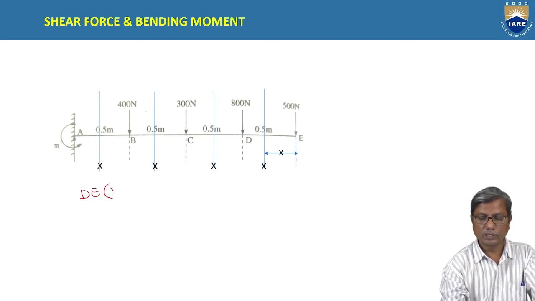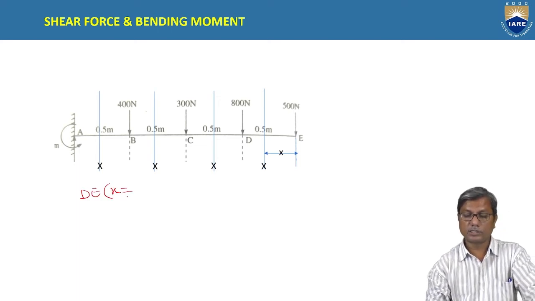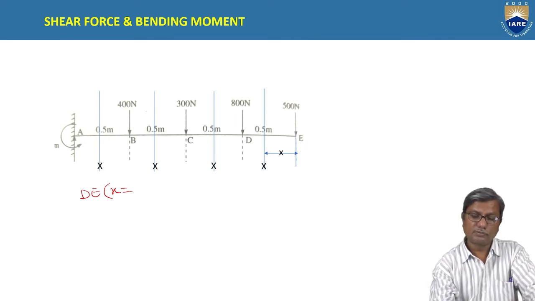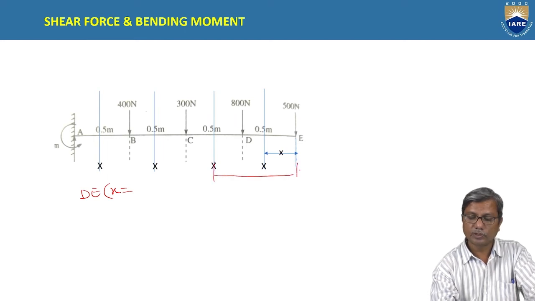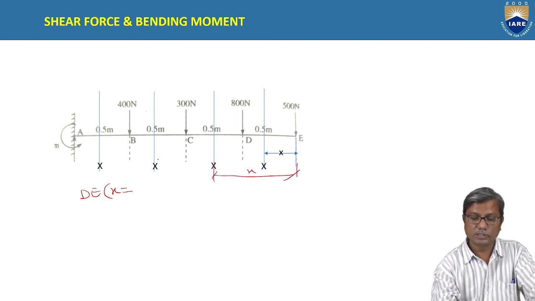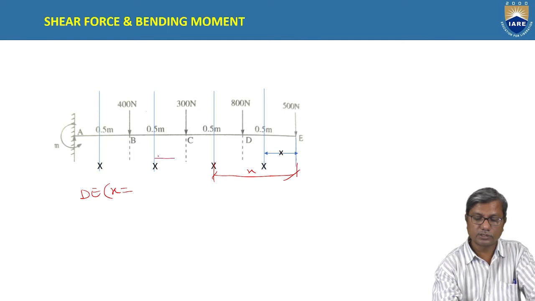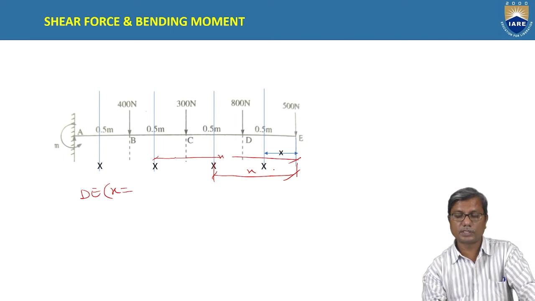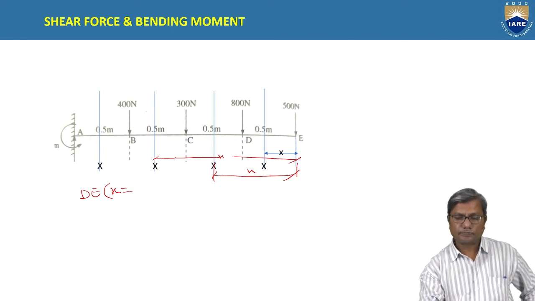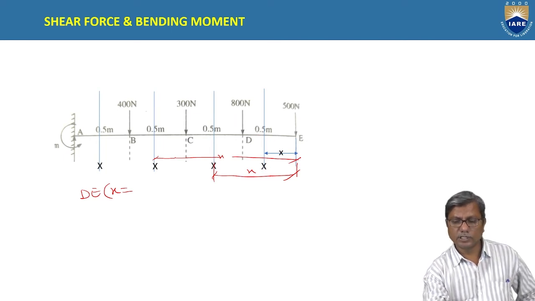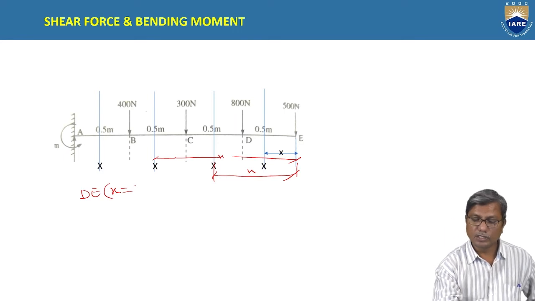For portion DE, the section we are considering is at a distance x from E. And for all the remaining sections also, we will take the origin at the free end only. So for the section between DE, what are the limits for x?